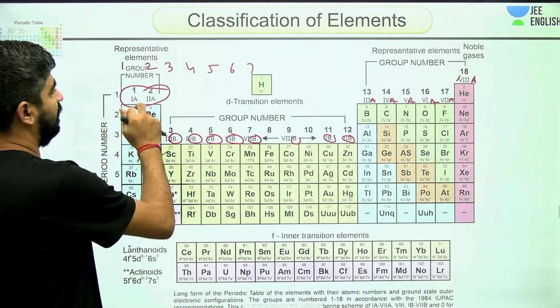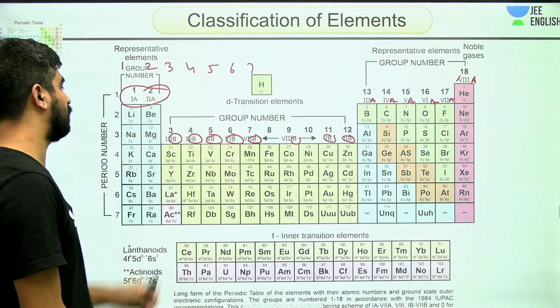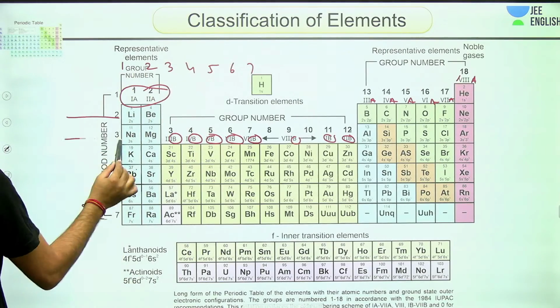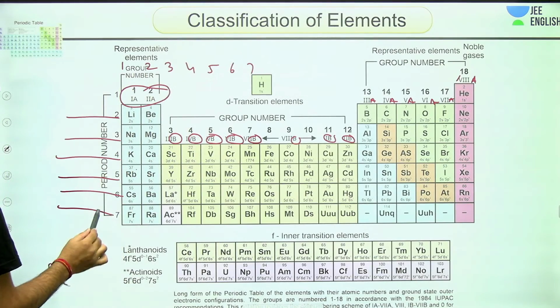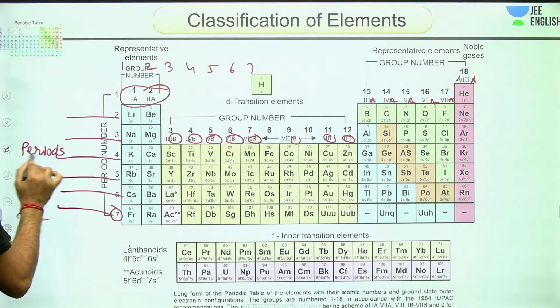So there are 18 groups, and in the new periodic table you have 7 periods. These are called periods, right?